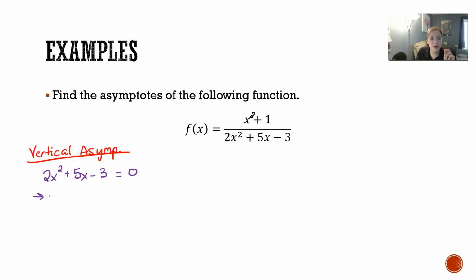So slide just means that I'm going to take that first coefficient and multiply it by the last to get me -6. Then I factor it. So this is x plus 6 and x minus 1 multiplies to give me -6, adds to get me +5. Go ahead and divide by that leading coefficient.